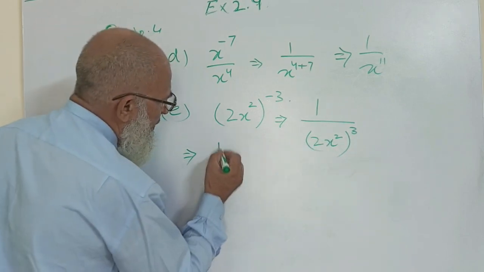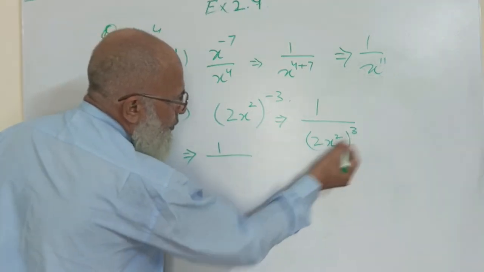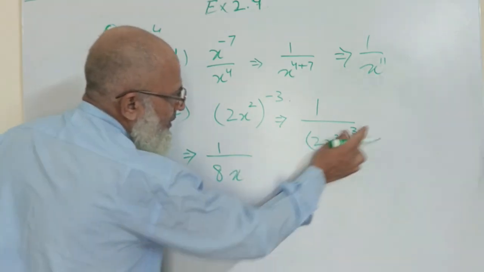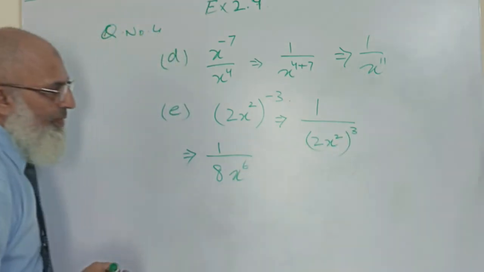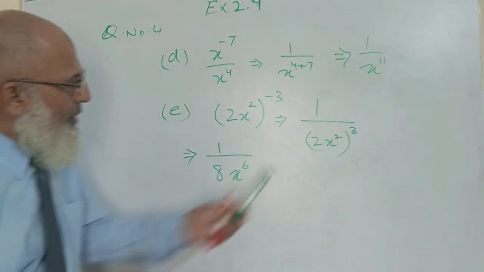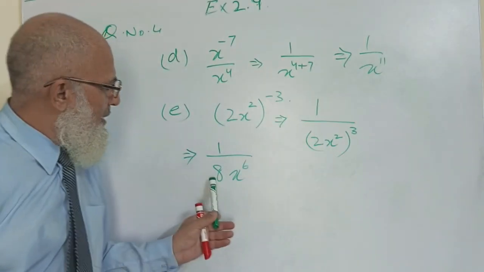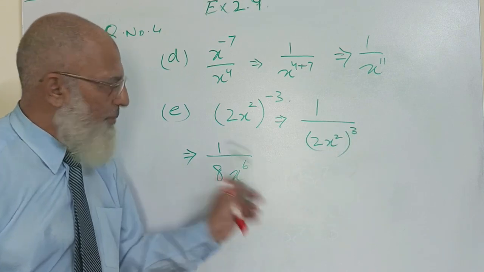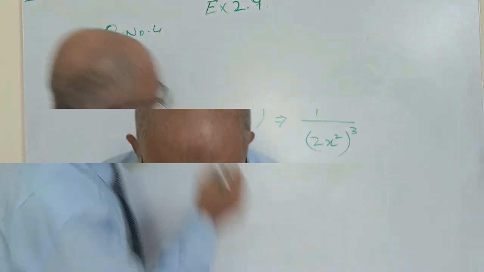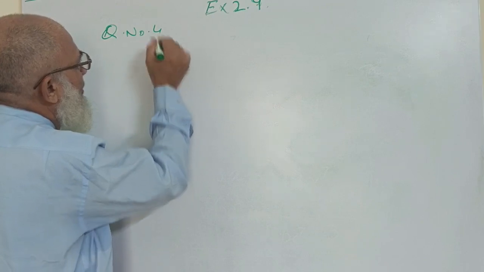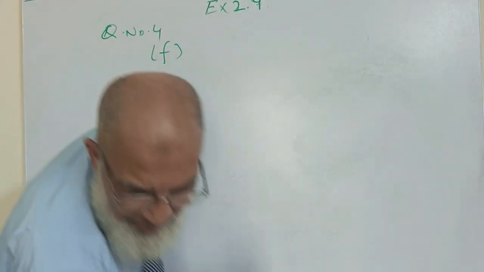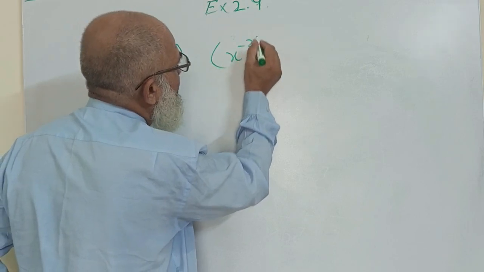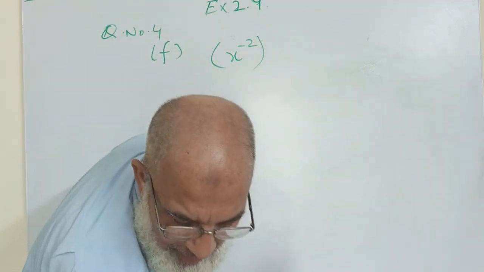So it will become 2 and 6. 2 cube is 8, and multiply the power with power, it will become 6. Part F. Part F is x minus 2 raised to power again 3.